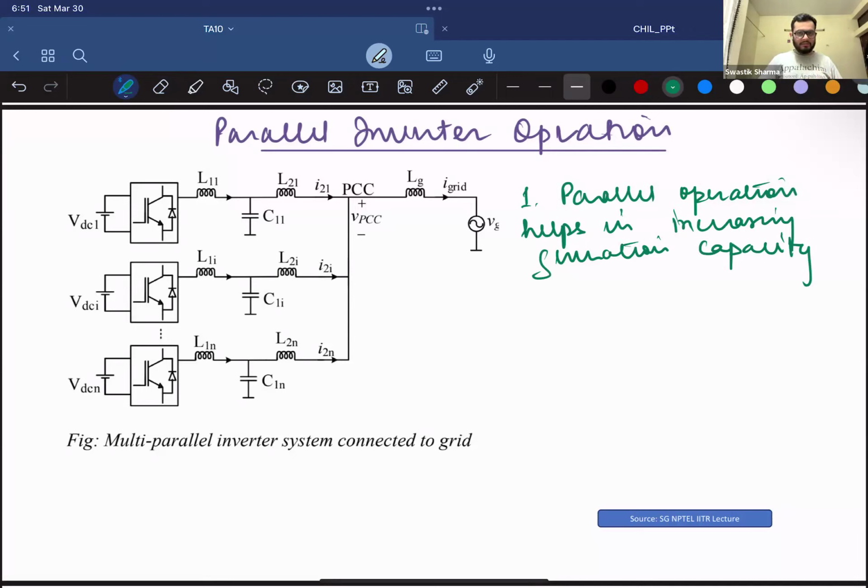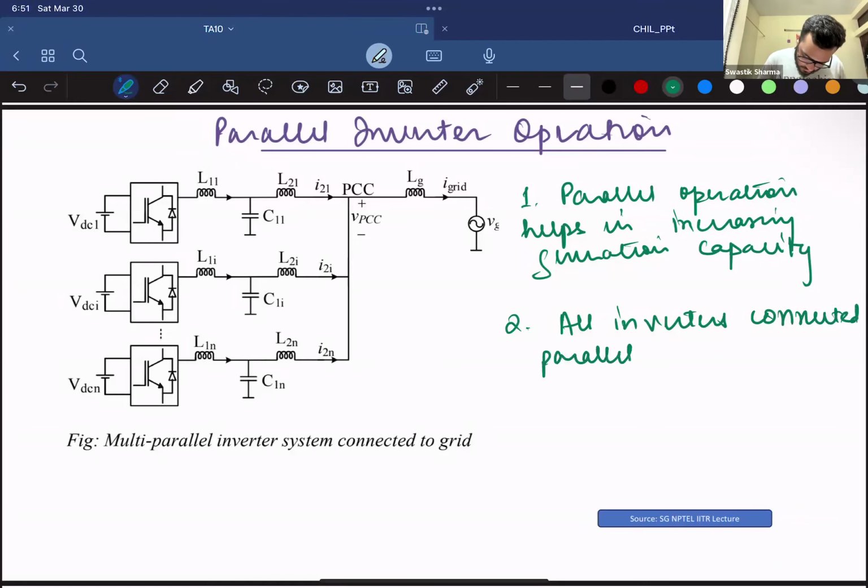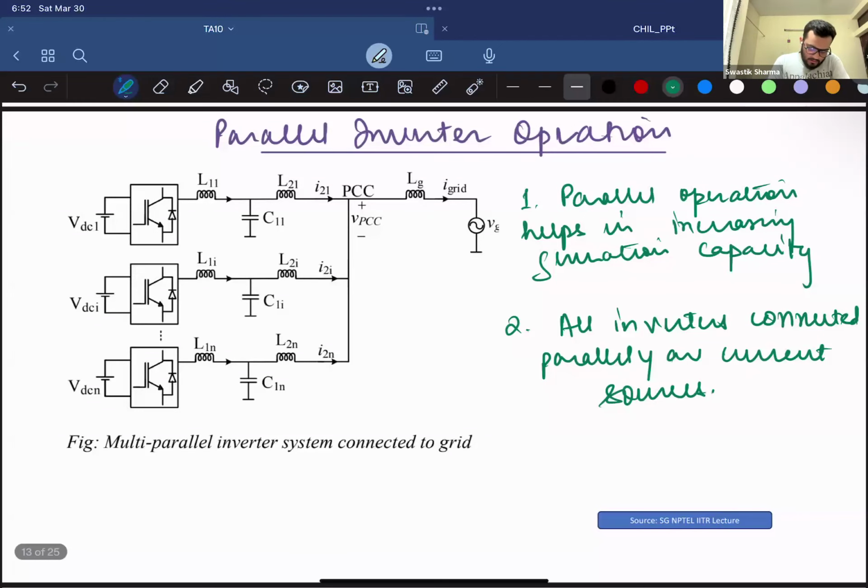So all the inverters connected in parallel are basically current controlled inverters, right? So they act as current sources. This is something that has been done since the very beginning.